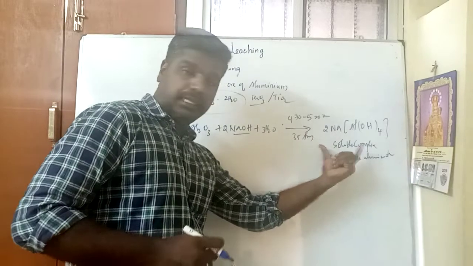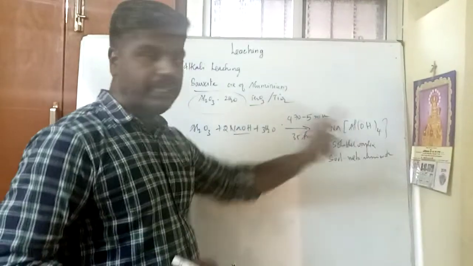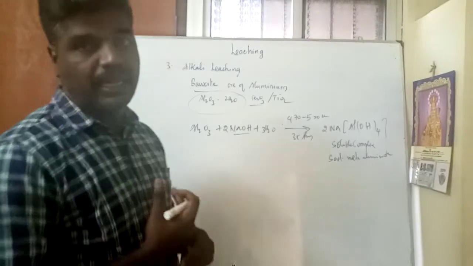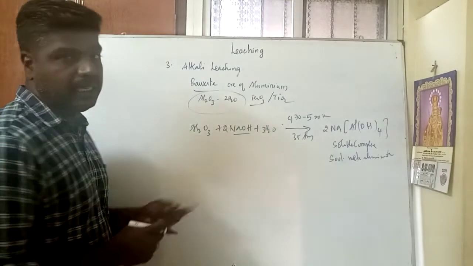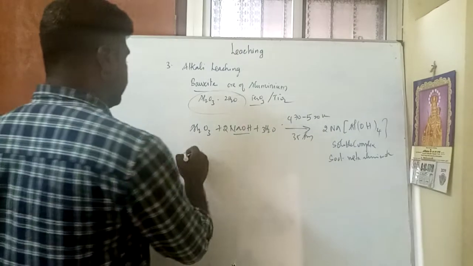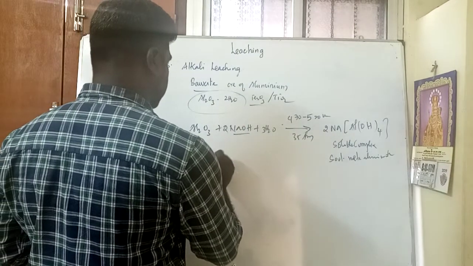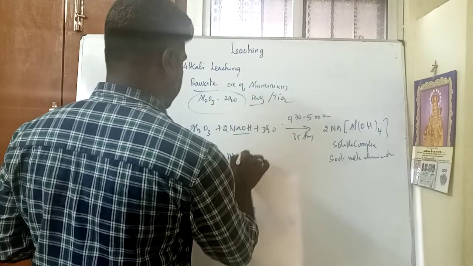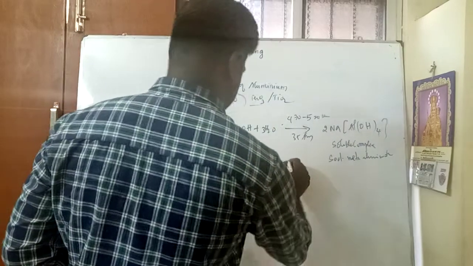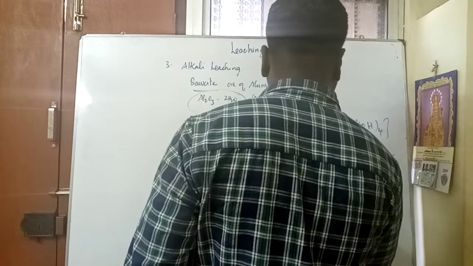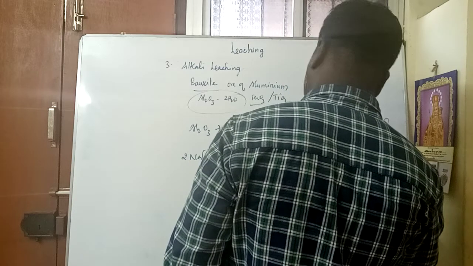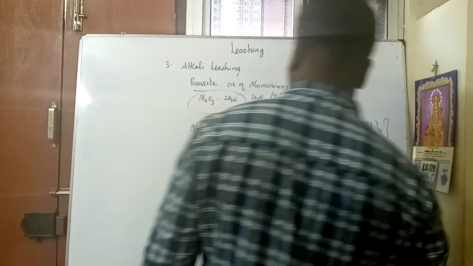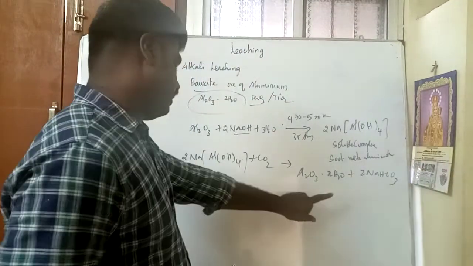From that complex we are going to recover aluminium by neutralizing with carbon dioxide. So this complex is further treated with carbon dioxide. So we get Al2O3 dot X molecules of water dot 2NaHCO3. This is the process we are getting.